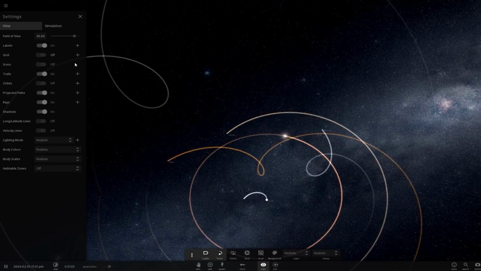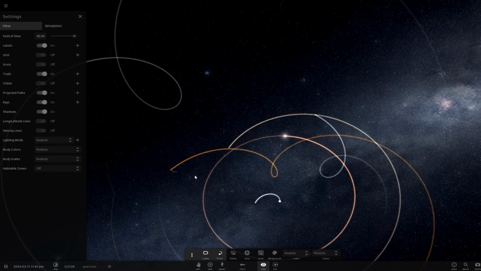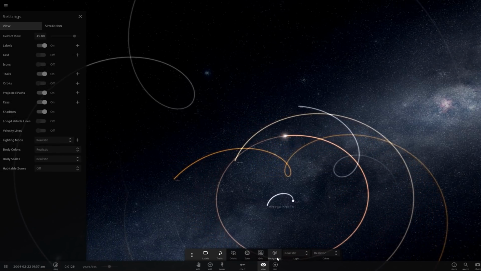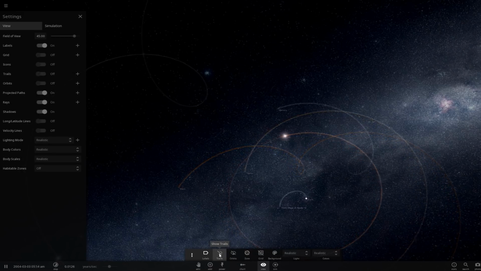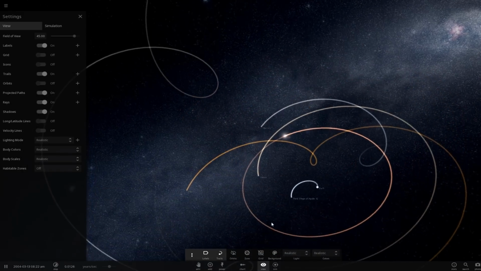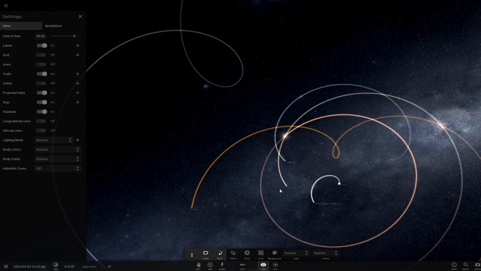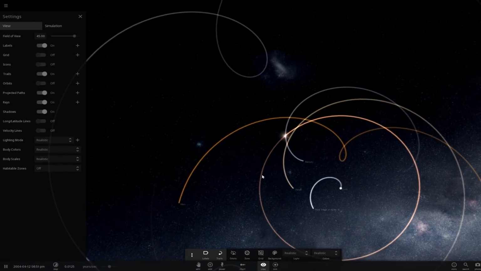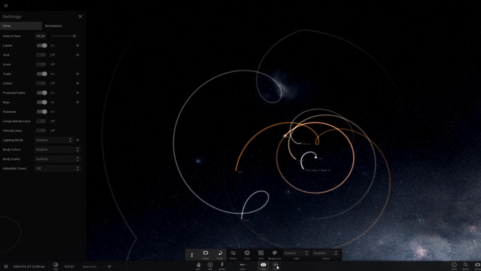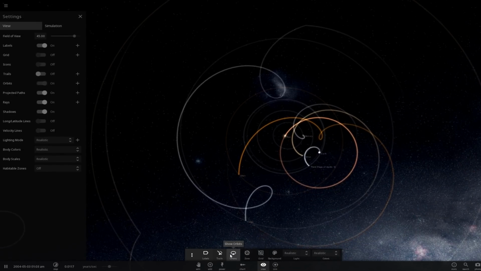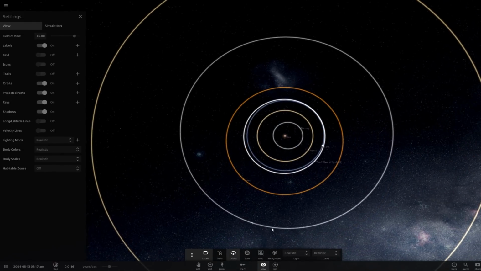Lighting, I don't know where it is. The trail option, I believe, is... I can turn them off and then turn them back on, but no. We're following the sun for some strange reason. And let's show the orbits. Oh, there we go. See, that's more realistic. Now you can actually get an idea of where everything is.